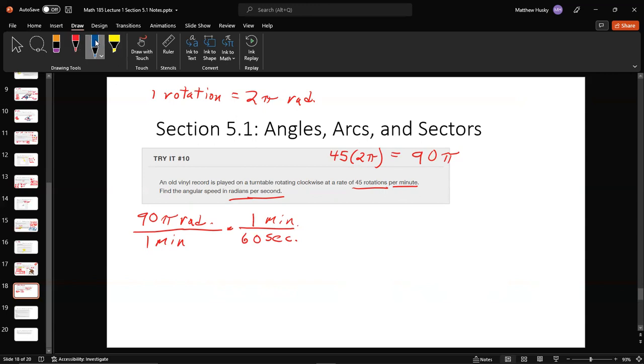By doing it this way, minutes can cancel out minutes, because when you're converting units like this, you want to have one unit on the bottom and another unit on the top, oriented diagonally so that they will cancel each other out. So if we do that, we're going to end up with 90 pi over 60, and that'll be radians per second.